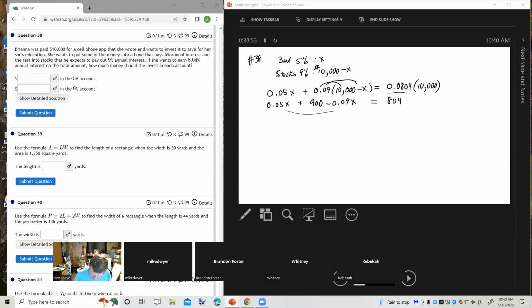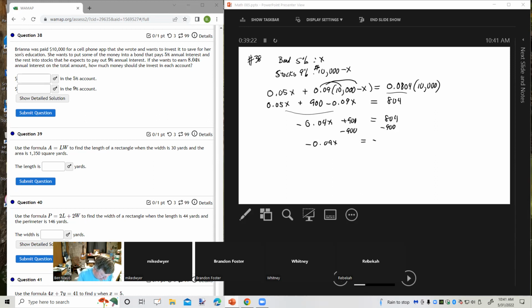So let's see what it is I was panicking about. If I take 0.05x minus 0.09x, I get negative 0.04x plus 900 equals 804. And I thought, well, x can't be a negative amount of money, but we're not done yet. If we subtract 900, we get negative 0.04x equals what?